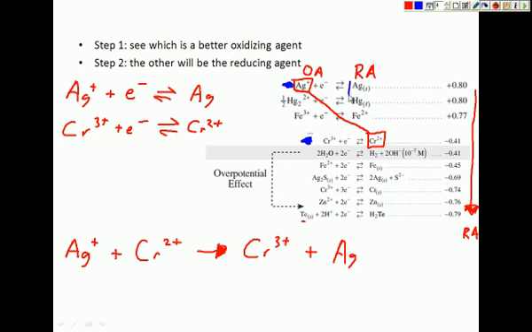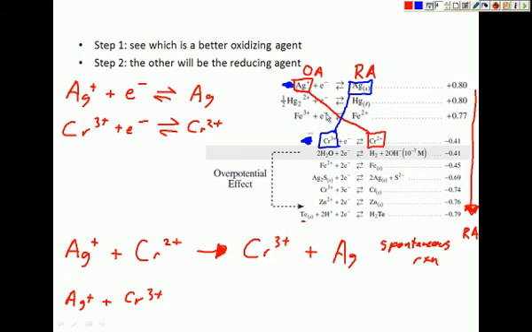Okay, these two are going to be our products. Okay, and we're going to see a trend very soon. Okay, now, so this is our spontaneous reaction. Let's write that down. Spontaneous reaction.